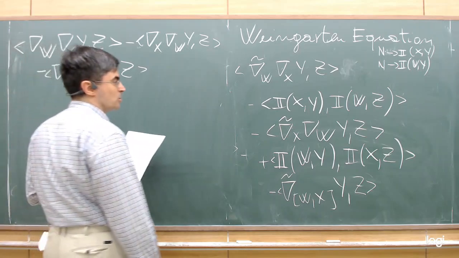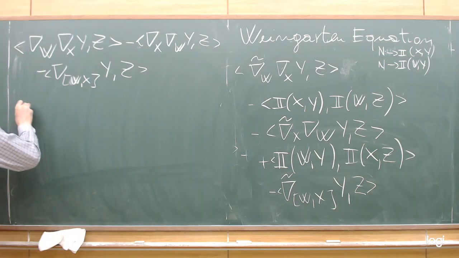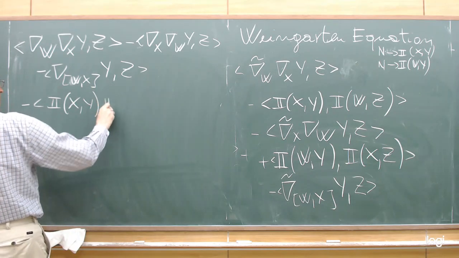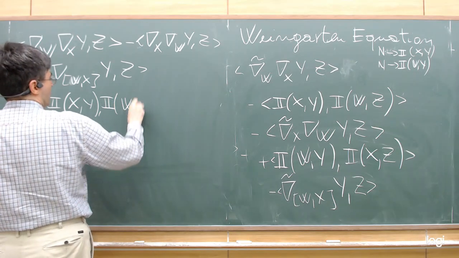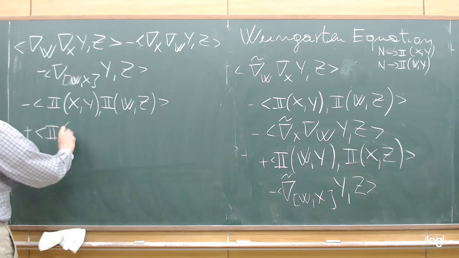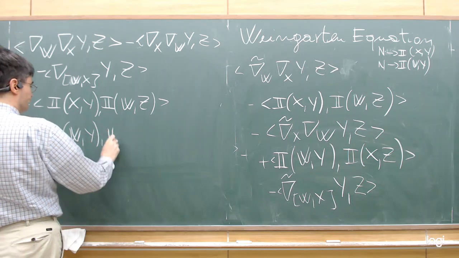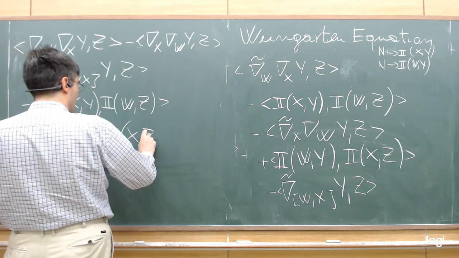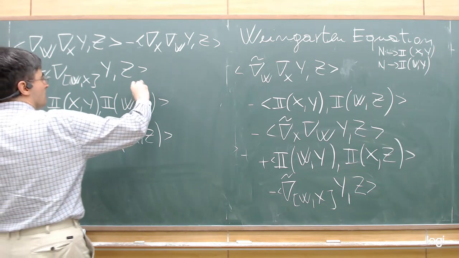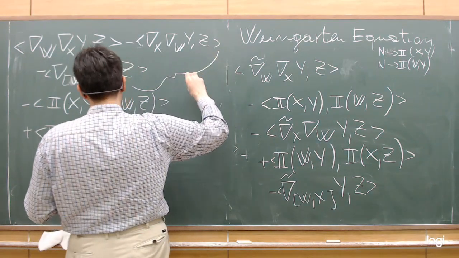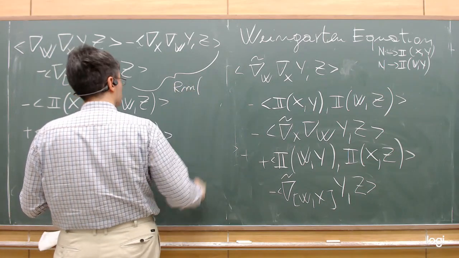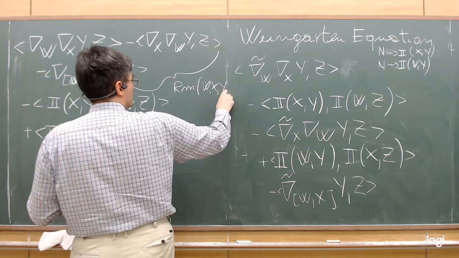And then I just copy these two summands. And we finish because these terms here are Rm(W, X, Y, Z).